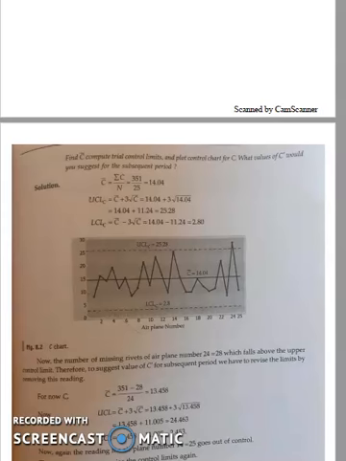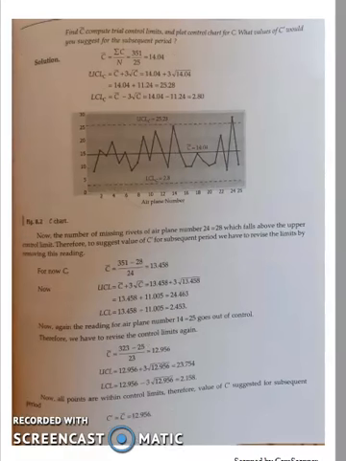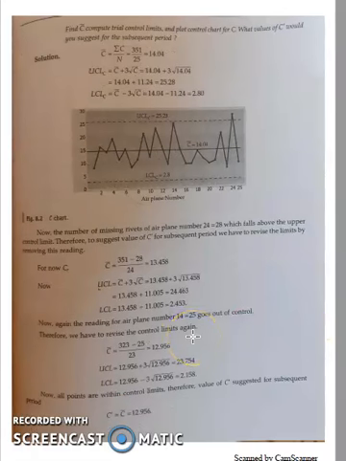Then you have to see whether the process is out of control, here for the 24th and 25th aeroplane. At that time, what you have to do is eliminate aeroplane numbers 24 and 25, which go out of control.